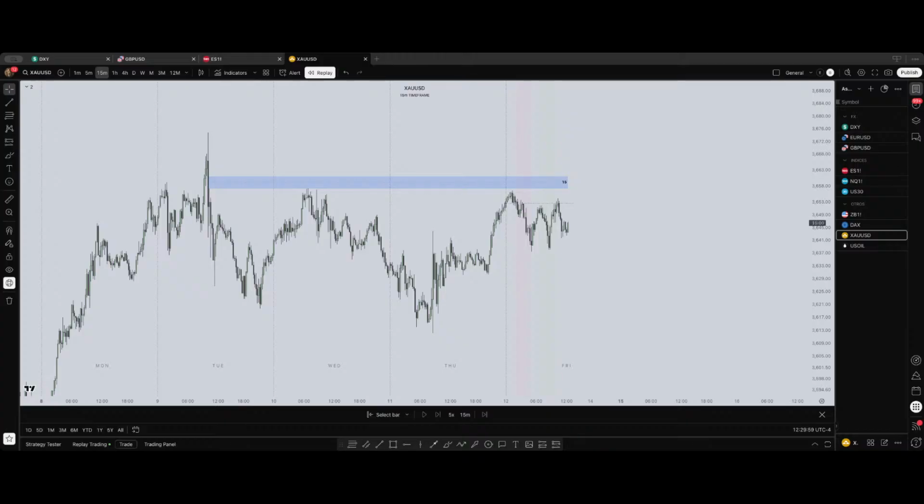Y ya está. Pero realmente no tengo un porcentaje de pérdida diaria o semanal. Intento poner stop loss siempre y perder lo mínimo, eso sí.